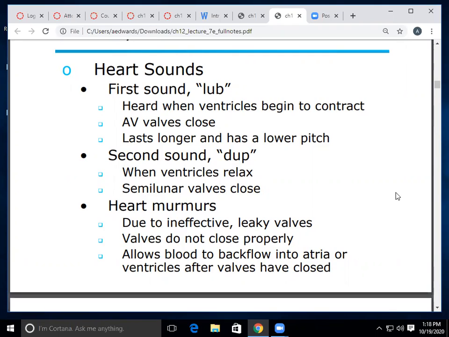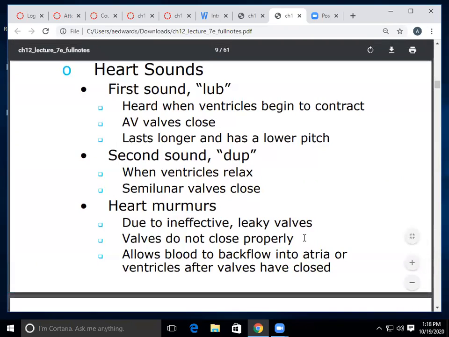So if the AV valves are leaky, blood would flow back into the atria. If the semilunar valves are leaky, blood would flow back into the ventricle. In either case, you're not getting full blood flow, which means your heart and your body are having to work harder because your body's not getting all the oxygen.